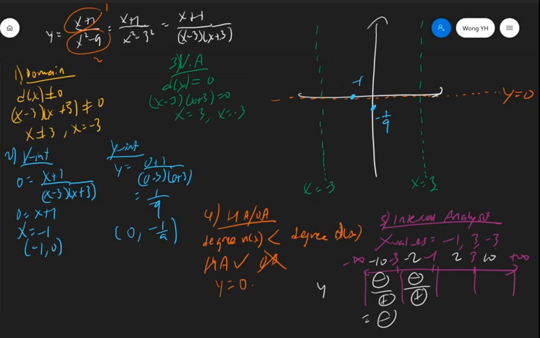Sorry, let me check again. Minus 2 on top is negative, yes, correct. Here negative 2 is negative, and this part is positive. Sorry, you check again. This is negative, this is positive, so negative times positive gives negative, and negative divided by negative gives positive.